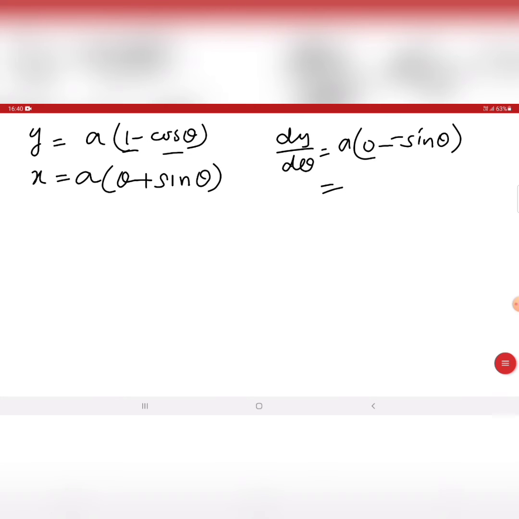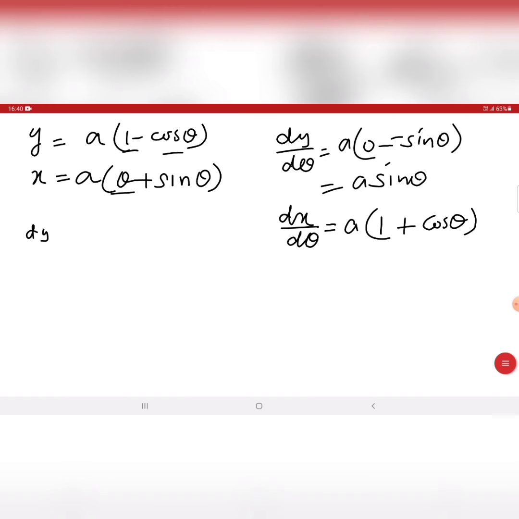That is 0 plus sin theta, that is a sin theta. Now the derivative of x with respect to theta, dx by d theta, is equal to a into the derivative of theta with respect to theta, which is 1, plus the derivative of sin theta, which is cos theta.